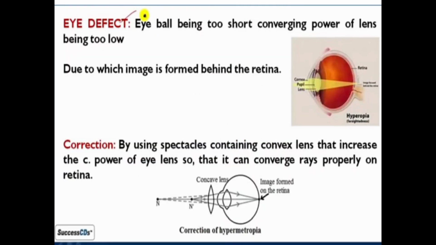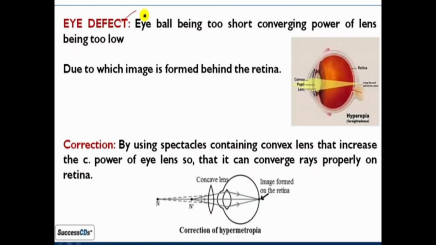Now let's study the eye defect. In this defect, the eyeball becomes too short. As we saw in myopia, the eyeball becomes too long, so due to the elongation of the eyeball, the converging power of the lens becomes very high.